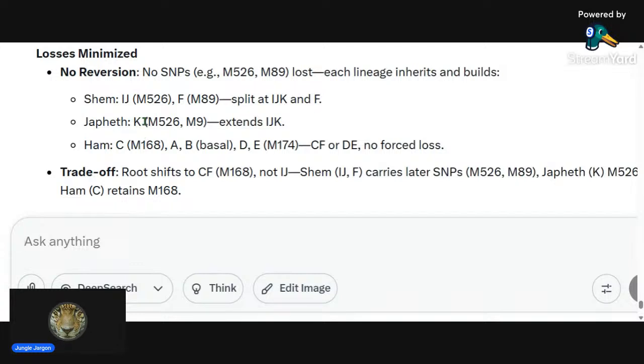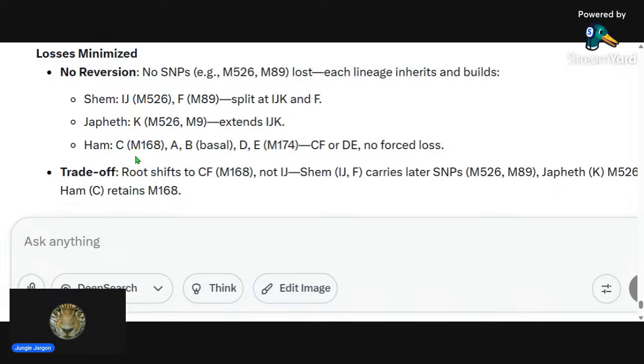Japheth K has the M526, and M9 is the later genealogies, M9.